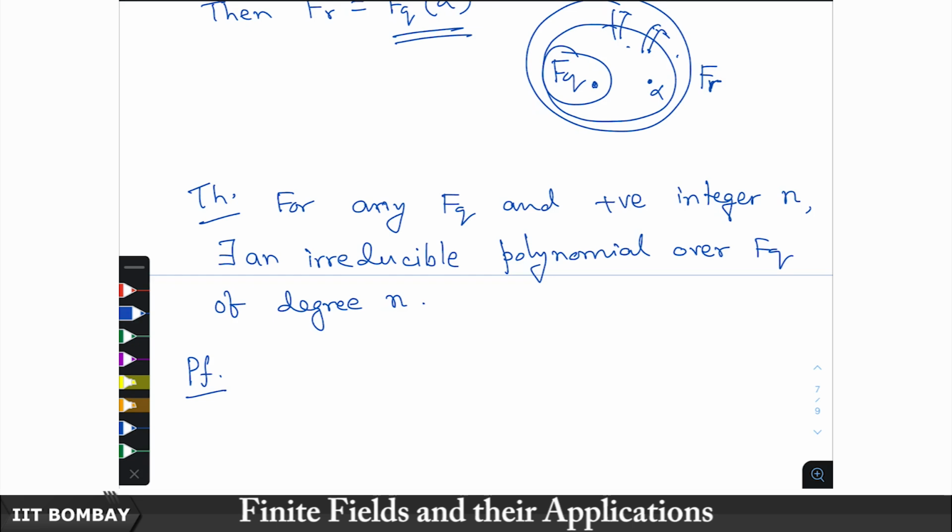First of all, we note that Q is a prime power because F Q is a finite field, but then Q power n is also a prime power.